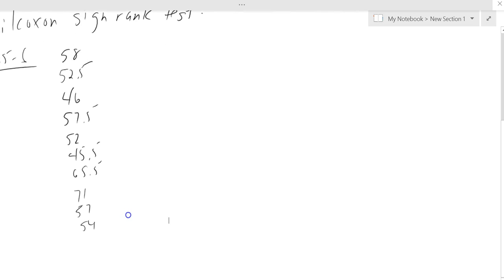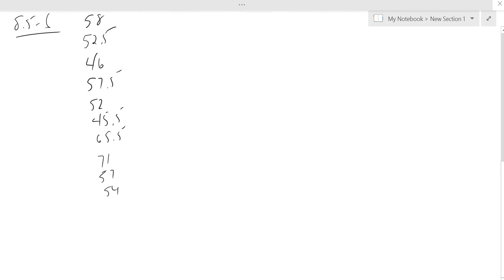Good Lord, I don't know why this is being so clunky today. 54, 48, 58, 35.5. This is why we're going to use Excel, by the way. 44 and 53. Okay. This is more than I wanted. I should have just made up a list.